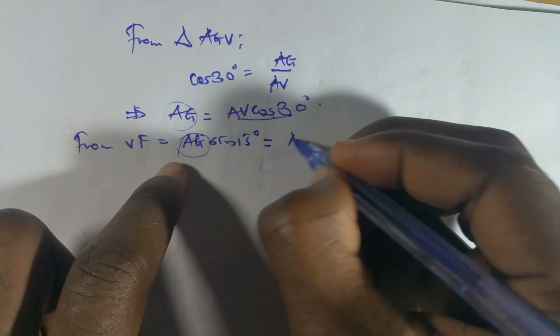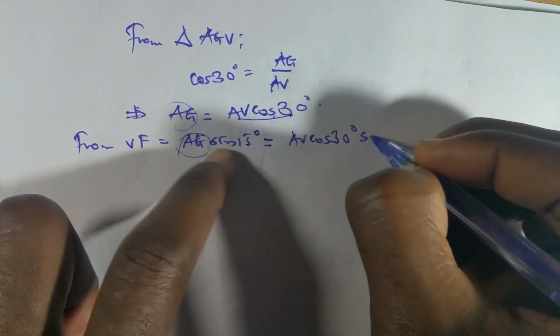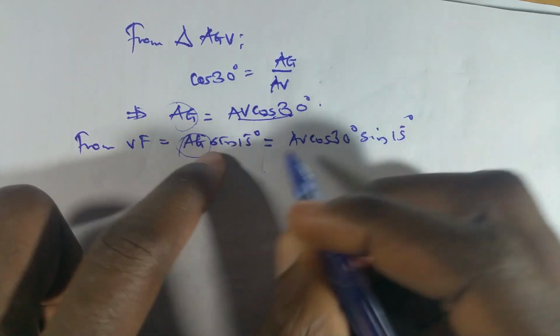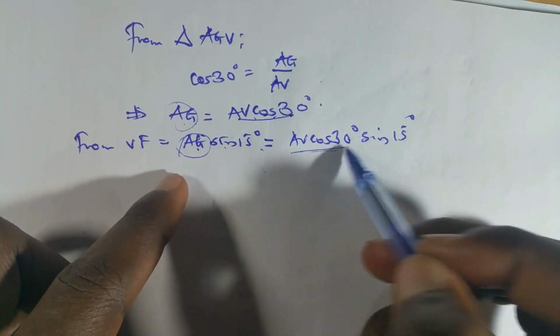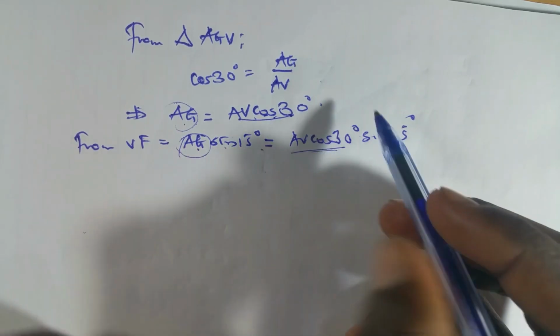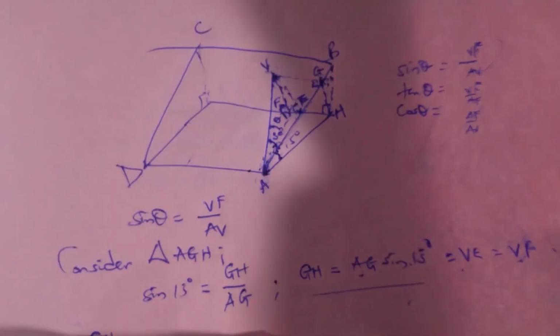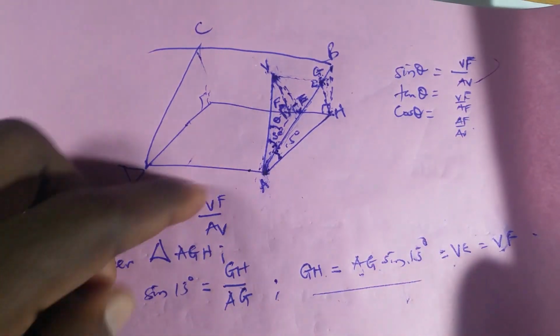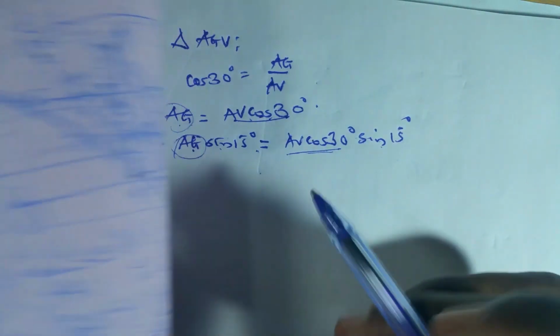So we say AV cos 30 degrees, then sine 15 degrees. You just replace this. All of this is AG, then sine 15. So now we have our VF, which is in sine theta. From sine theta we need VF and AV, but our AV is our hypotenuse.